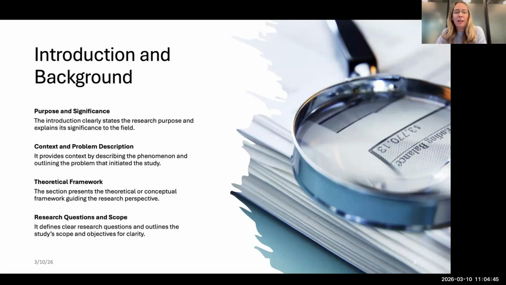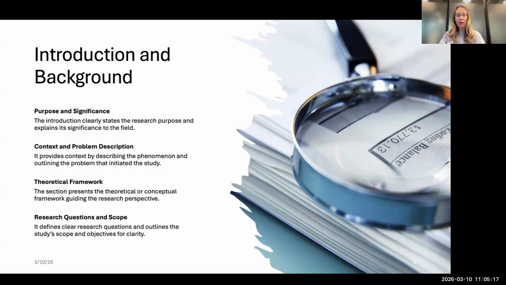In some cases, you might also need to have a theoretical framework, and you might need that theoretical framework because many of you are graduate students, and so you may be required to have some sort of theory that's guiding your research work. This doesn't always happen with qualitative, especially applied qualitative work. We don't always have a theoretical framework that might guide us. And so you may or may not see this in other research articles that you're reading.